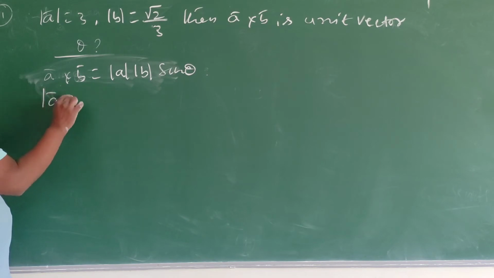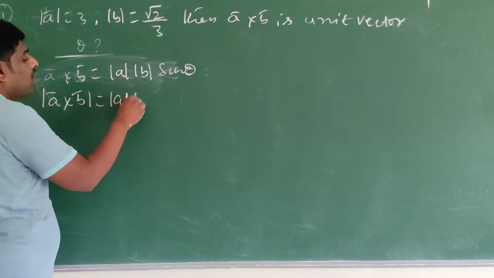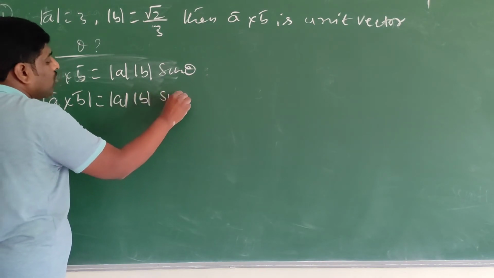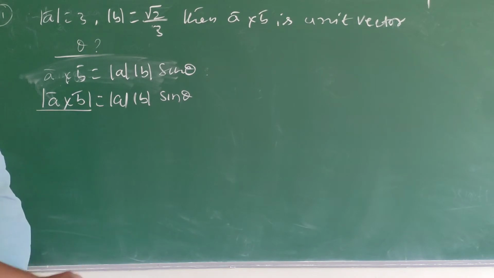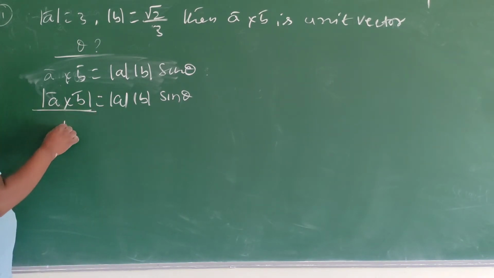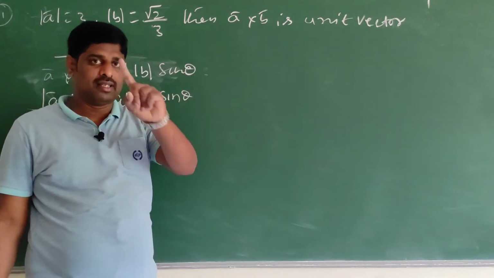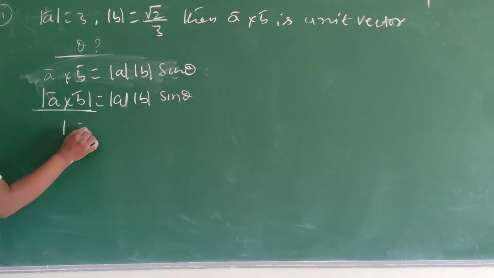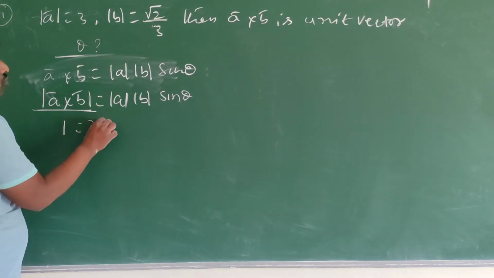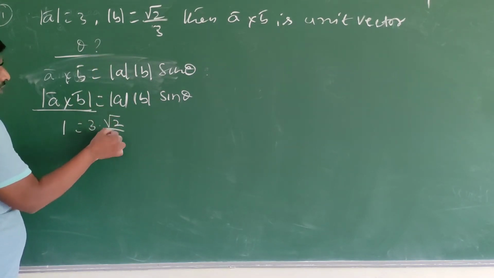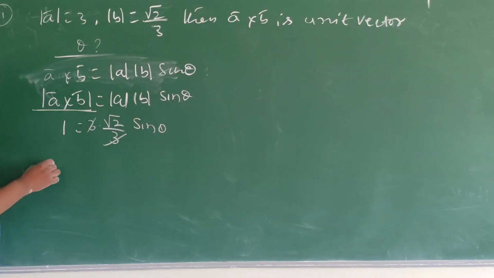That is, magnitude of A bar cross B bar equals magnitude of A bar magnitude of B bar into sin theta. A bar cross B bar is a unit vector means this value is 1, because magnitude of A bar cross B bar is 1. Magnitude of A bar is 3, magnitude of B bar is root 2 by 3, so into sin theta, 3 cancels.